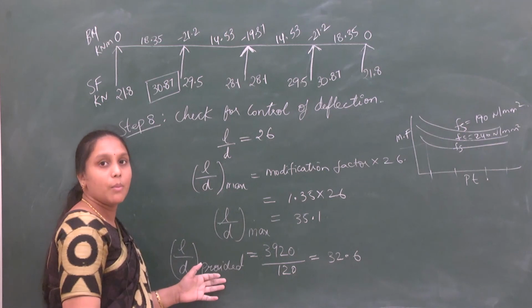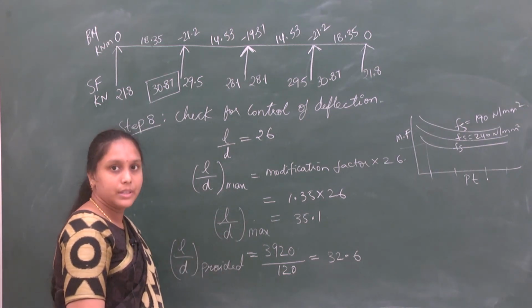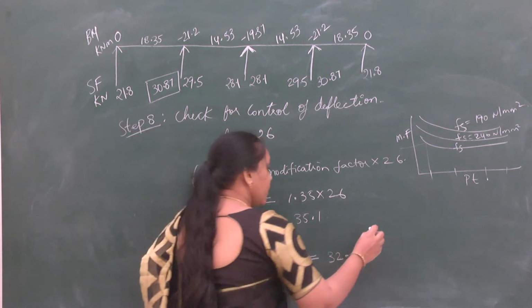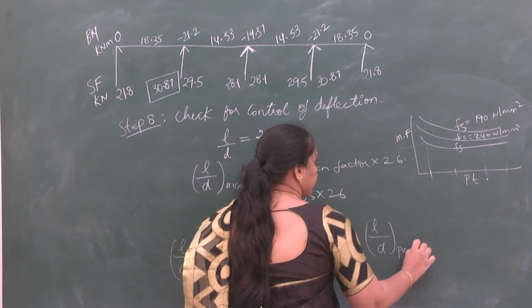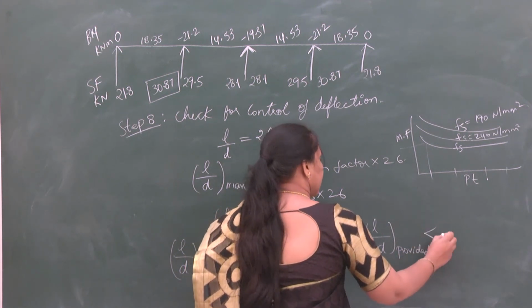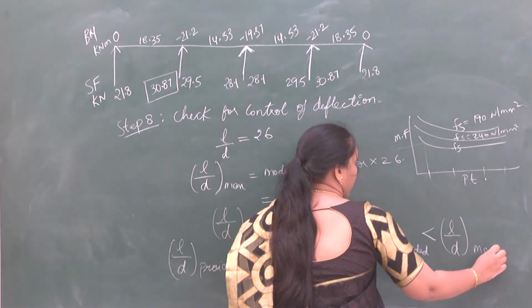So the provided value is less than the maximum value, hence it is safe. The L by D provided is less than the L by D max value.